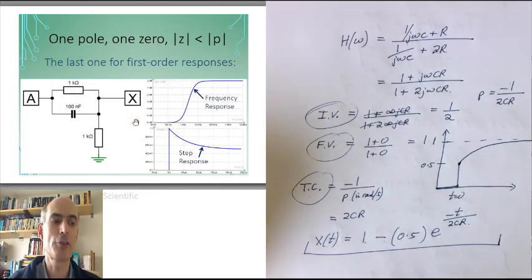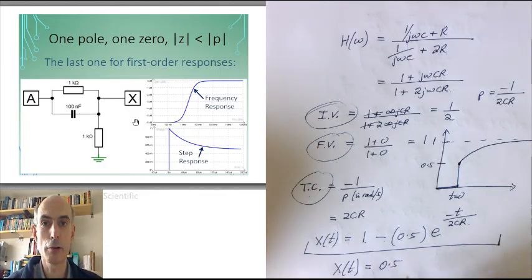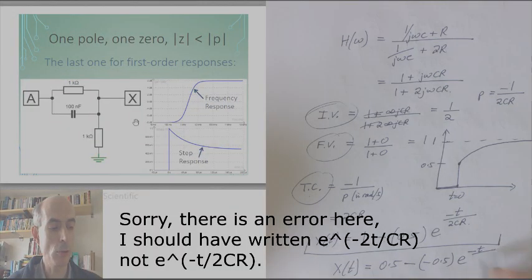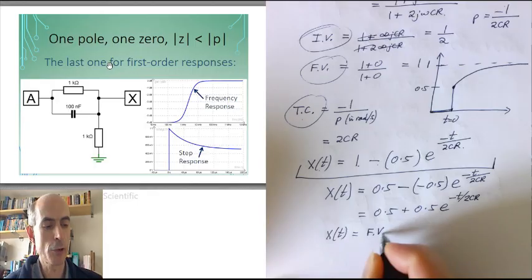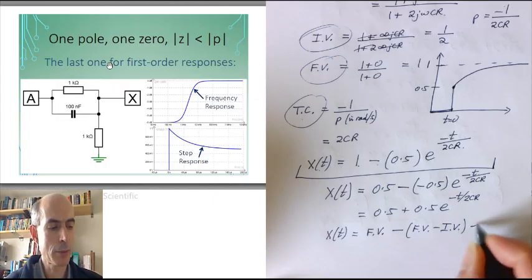And you can do a similar analysis of this circuit and end up that the step response is a half, that's the final value, minus the final value minus the initial value, which is now minus a half, because the final value is a half, but the initial value is 1, times e to the power of, well, the pole is minus 2 over CR, so the time constant is now CR over 2. And they're both just applications of the first order formula, that it's the final value minus the final value minus the initial value times e to the power of minus t over the time constant.